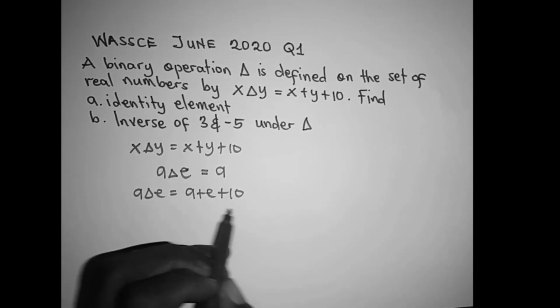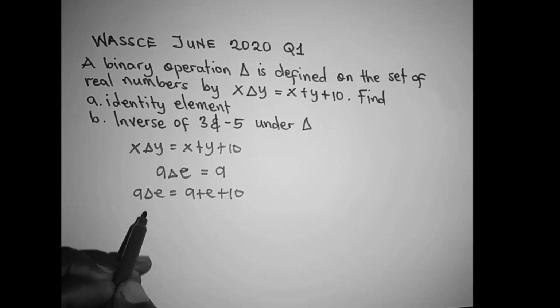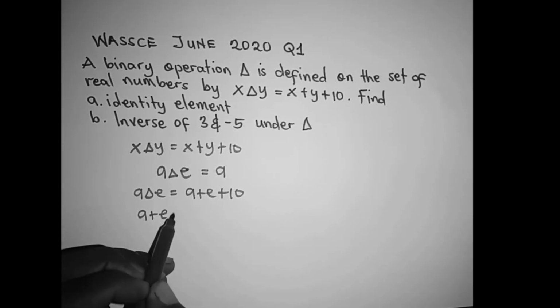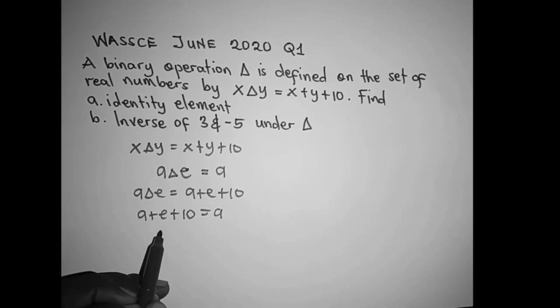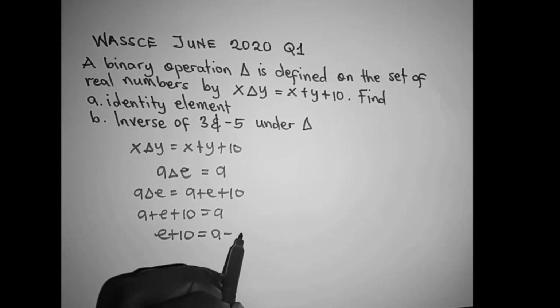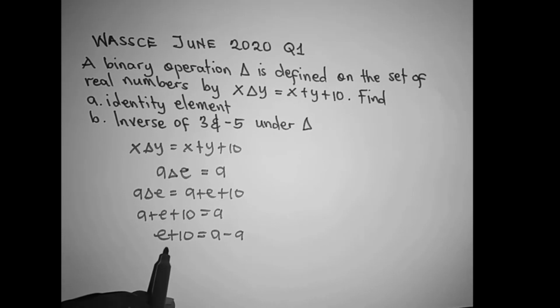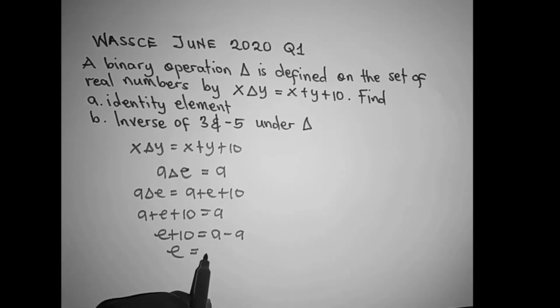We then take A plus E plus 10 equated to A. So A plus E plus 10 equals A. Now let's make E the subject. So E plus 10 equals A minus A. So E is equal to minus 10. So the identity element is minus 10.